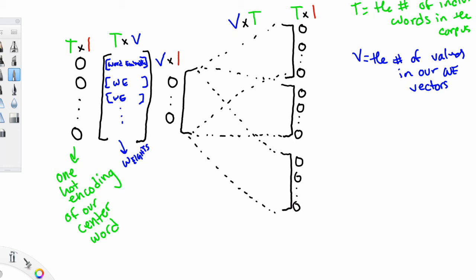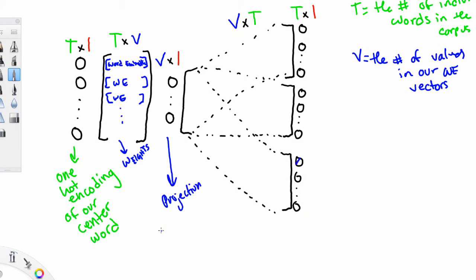Okay, now on to our hidden layer. In this kind of model, you also sometimes hear this referred to as the projection layer, and this is our v by 1 layer in the middle. Basically, this is the transposed word embedding for our center word that corresponds to our inputted one hot encoding. I might refer to it as the projection layer in the future.